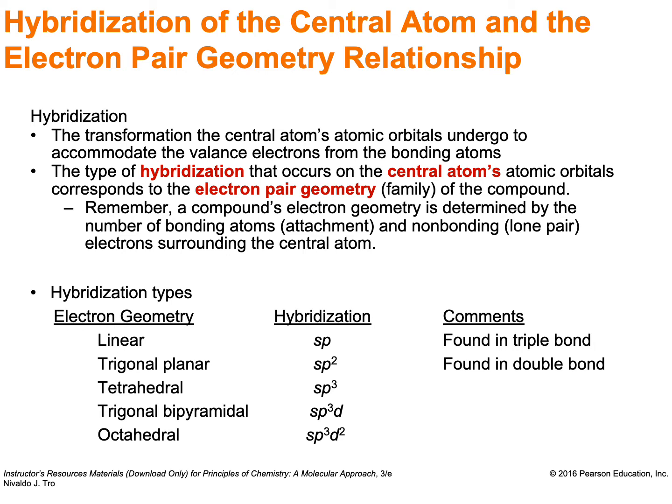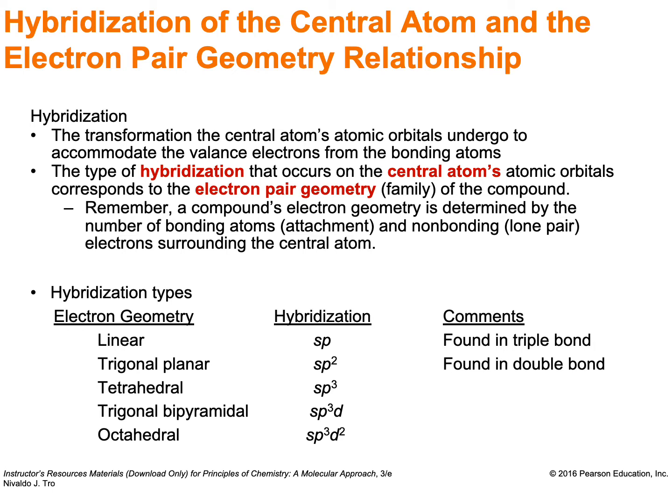The type that occurs in the central atom corresponds precisely to the electron pair geometry of the compound, the electron pair geometry having 2, 3, 4, 5, or 6 centers of electron density. Remember, a compound's electron geometry is determined by the number of bonding atoms and non-bonding lone pairs surrounding the central atom.